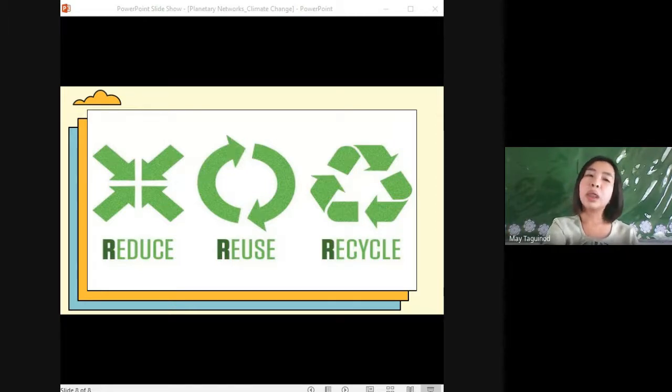So with this simple act, which is reducing the amount of the Earth's resources that you use, and don't just bin it, someone else could use it. Reuse the materials and make them into something new, and it is called recycle.